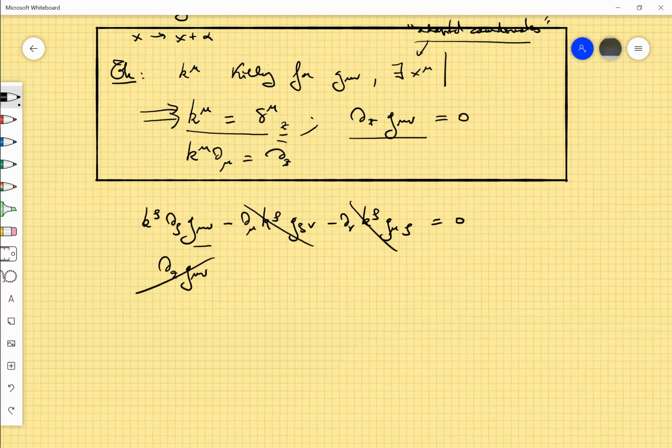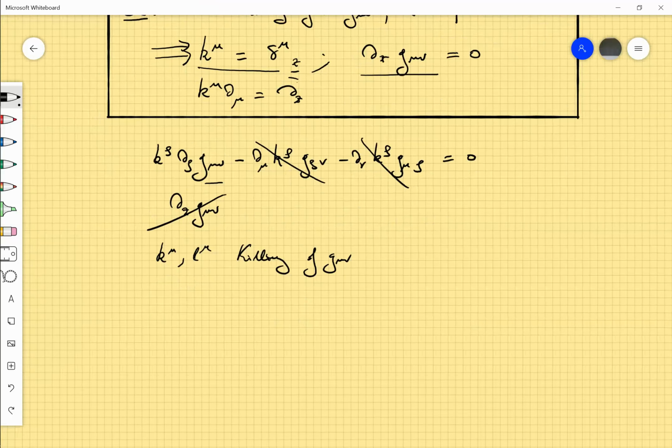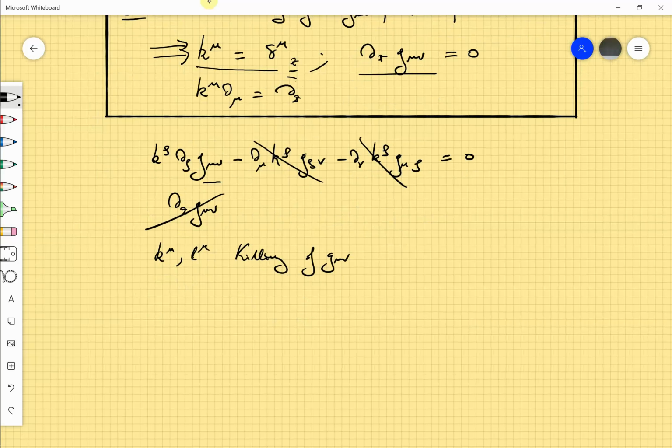And the answer is based on the Frobenius theorem again, and the answer is that this is only possible, suppose that I have two Killing vectors, k and l, then there are adapted coordinates simultaneously for k and l if their Lie bracket vanishes. Remember, we defined this when we derived the geodesic deviation equation, and this is k^μ ∂_μ l^ν minus l^μ ∂_μ k^ν.